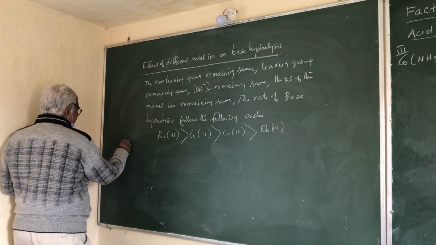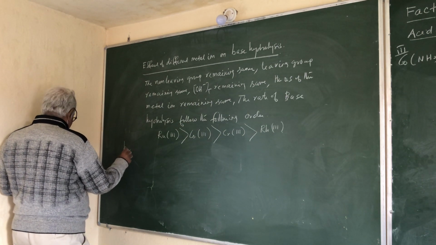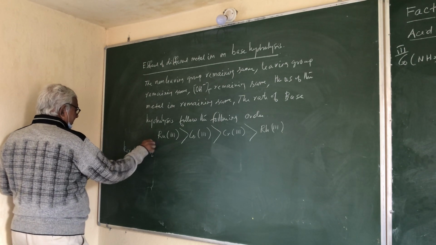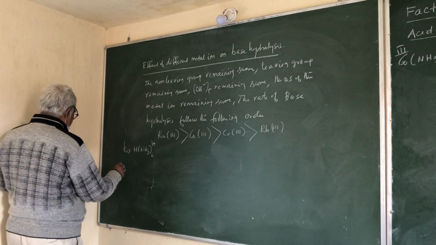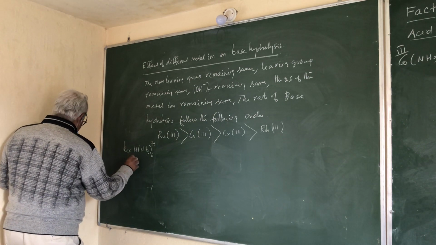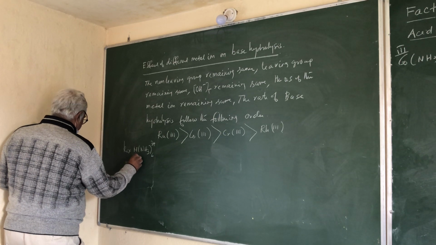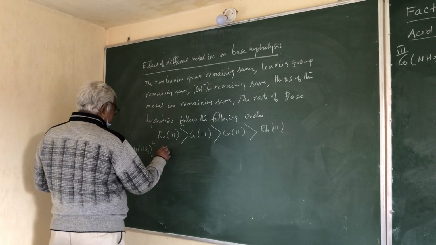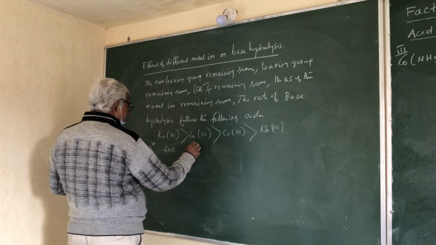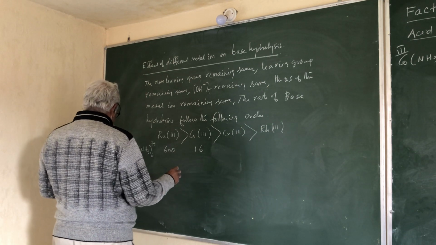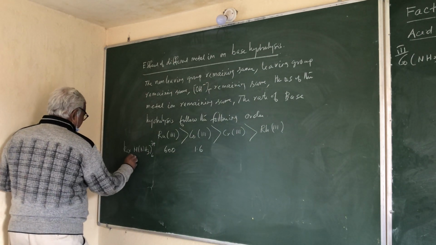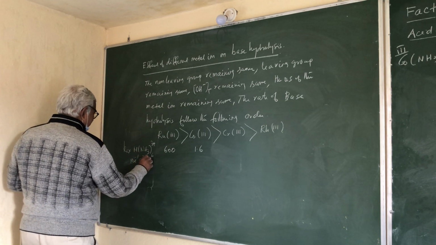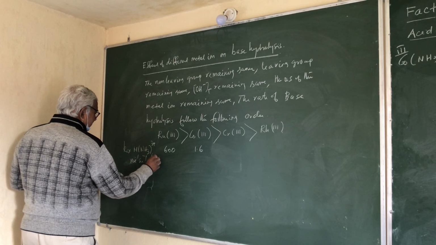K exchange of the hexammine metal ion, in units of mole inverse second inverse, is of the order of 10 to the power minus 6.